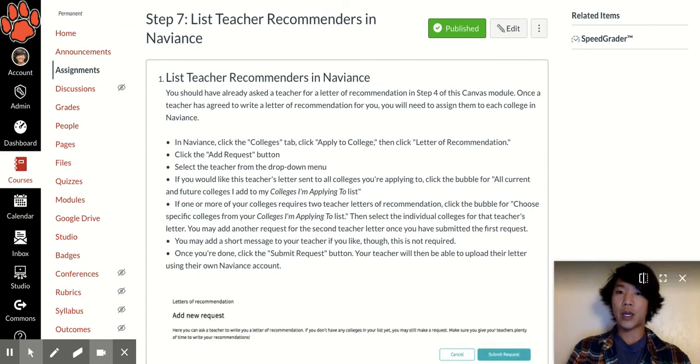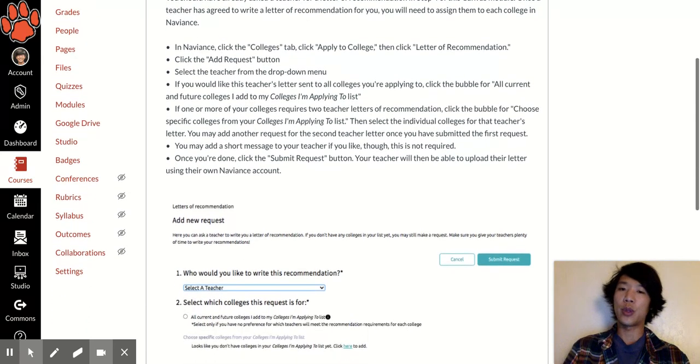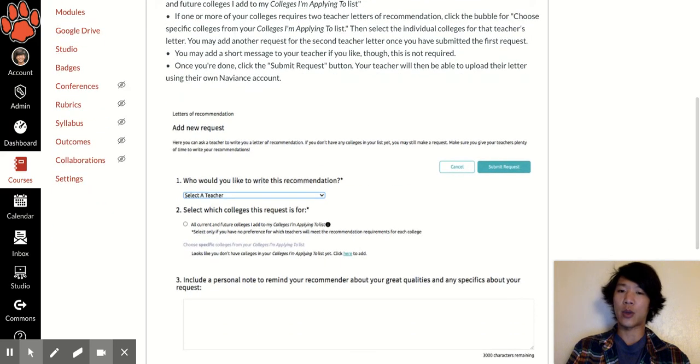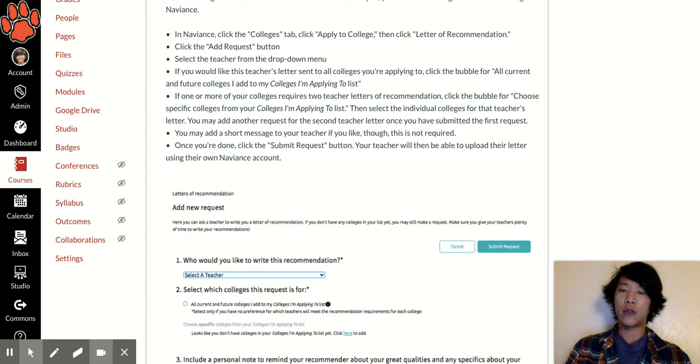In Naviance, you are going to assign the teacher that is going to write your letter of recommendation to the universities that you have put in your Naviance account. So if all of your universities just require one letter of recommendation, you can just select this teacher for all of the colleges in your Naviance list.